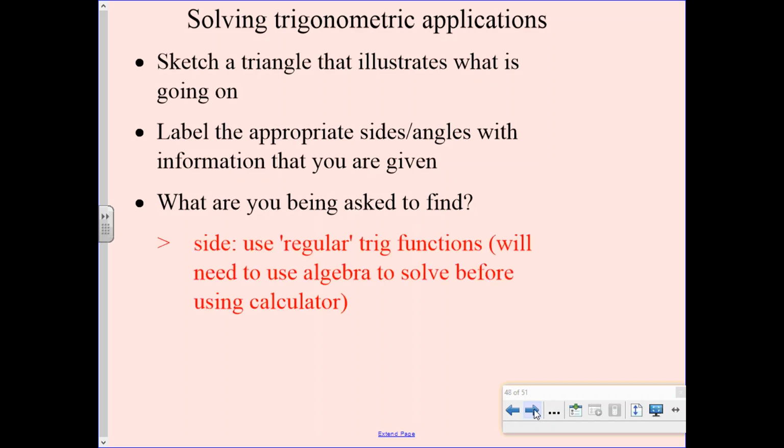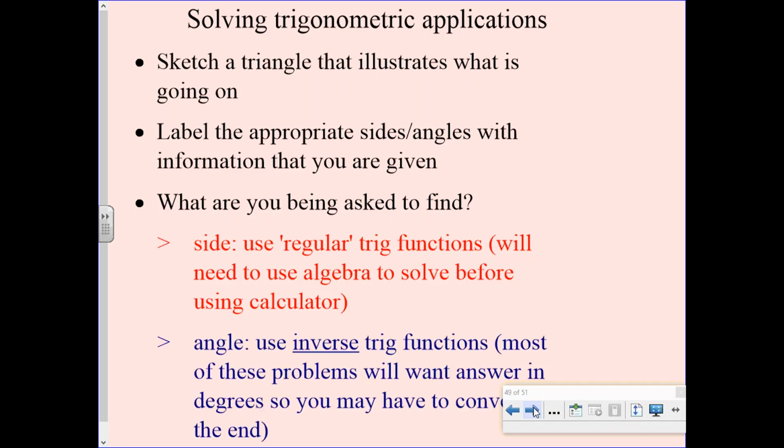And then finally, once you know what you're being asked to find, you have to figure out how you're going to solve that. If you're looking for a side, it's going to be a normal trig function: a normal sine, cosine, or tangent. Set up the equation, and then solve for that side, which might involve a little bit of algebra, and then stick it in the calculator.